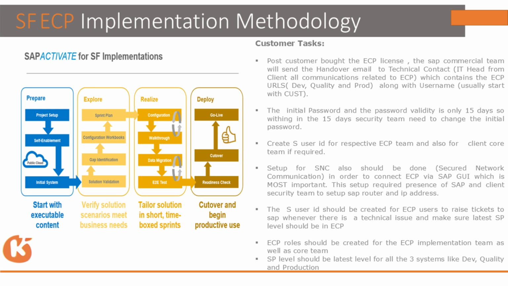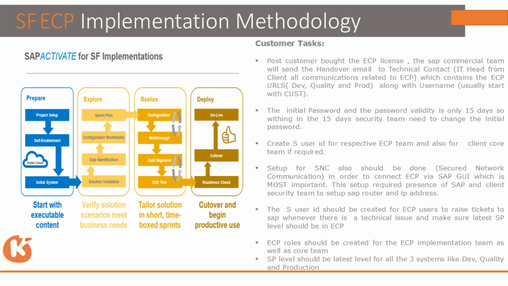Now today you bought the ECP system. So what is next? As soon as you get the system, you do not have any URL, username or password. So how can we start the implementation without login details? There is a concept called welcome email. After you buy the system, in 2 or 3 days, you will get the welcome email from the SAP commercial department.